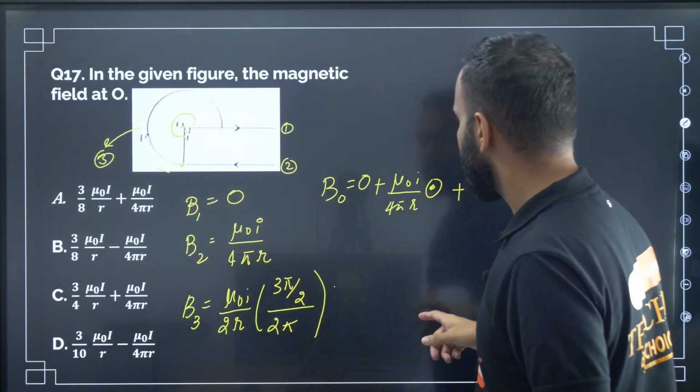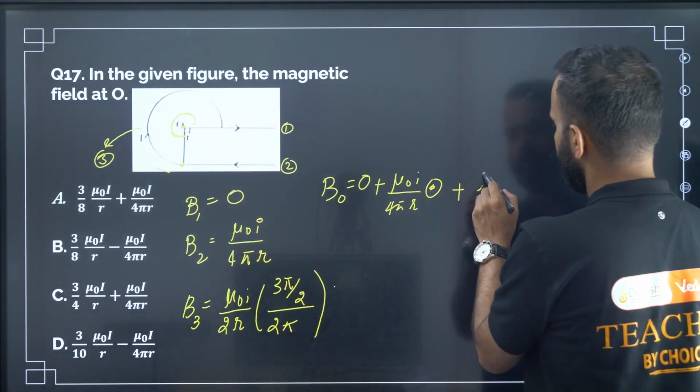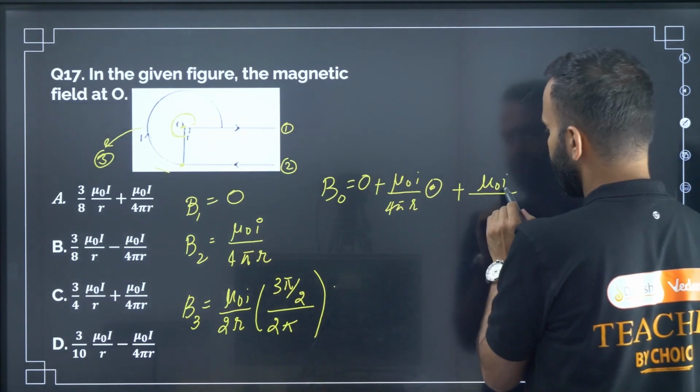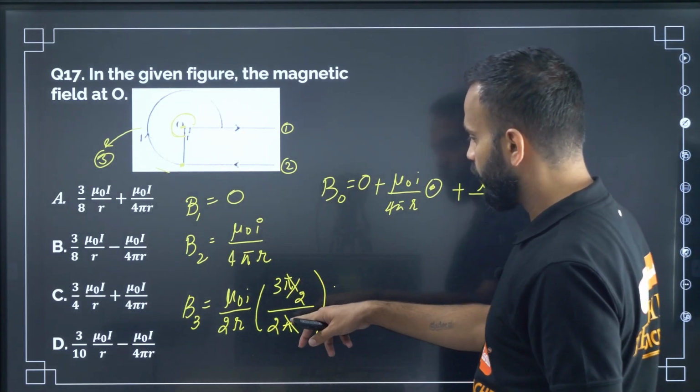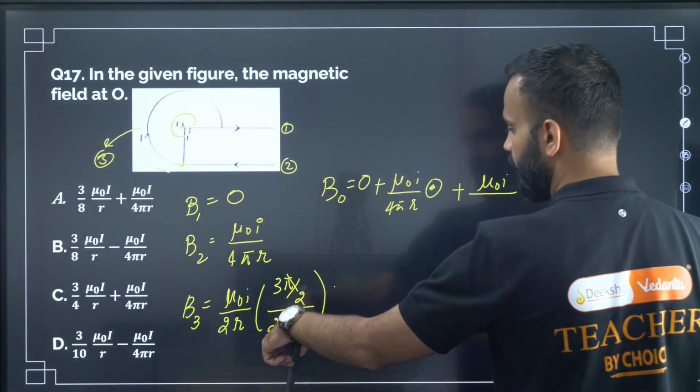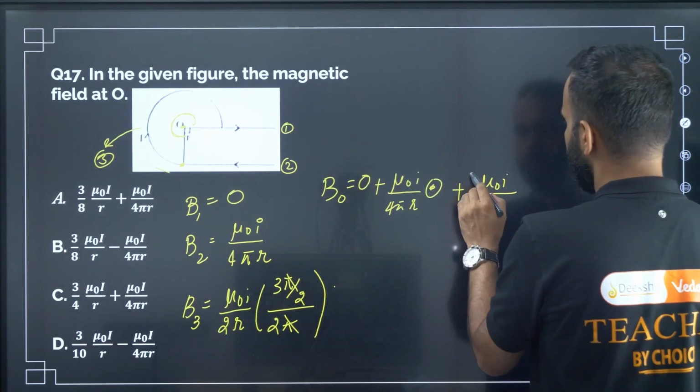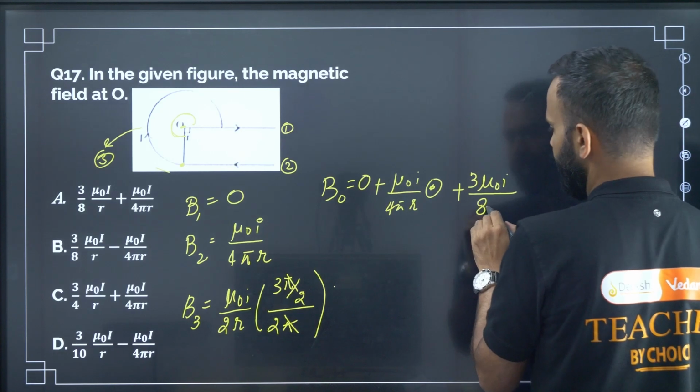That will be into the plane again. So pi will get cancelled, and this will be 3 by 4, again into 2 is 8, so 3 mu naught I divided by 8 R.